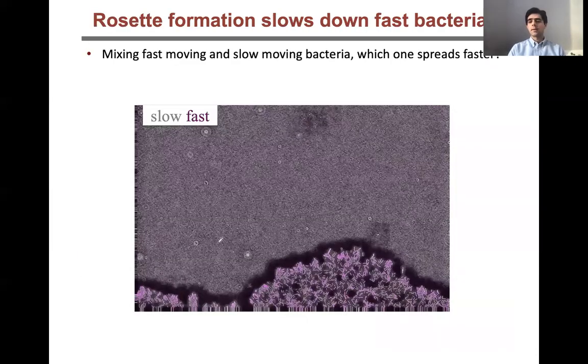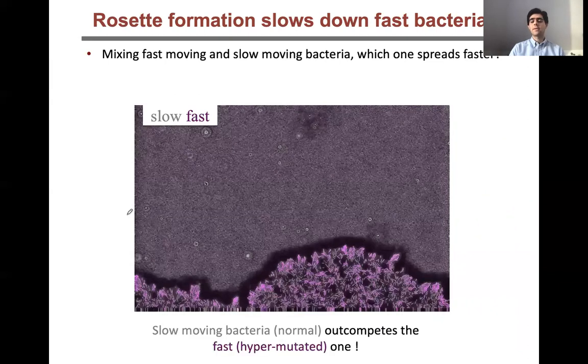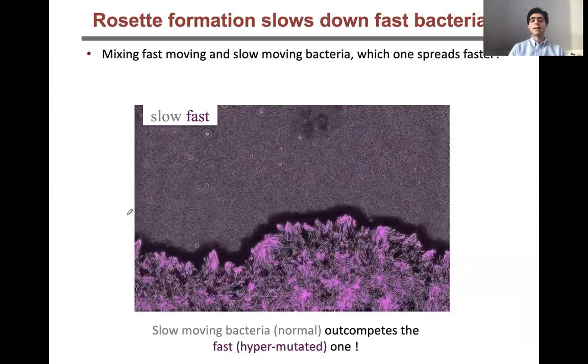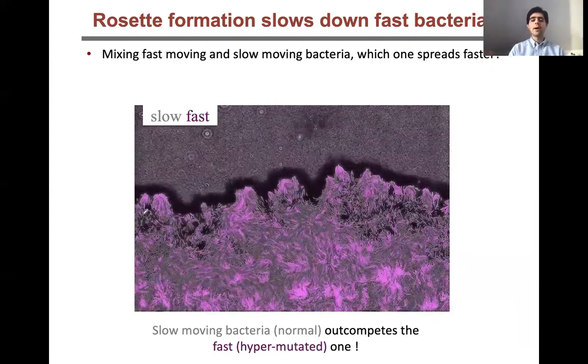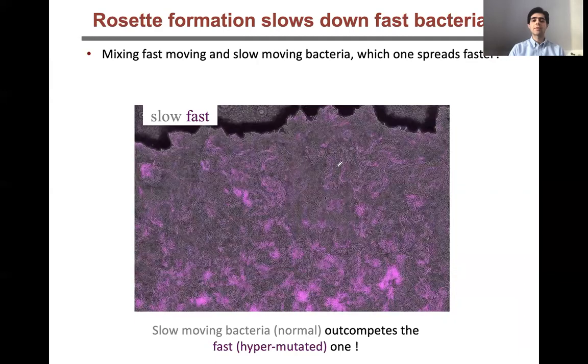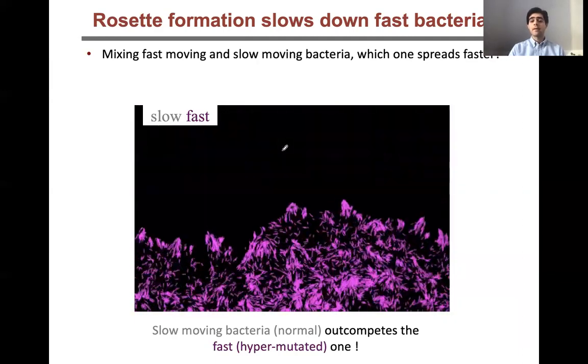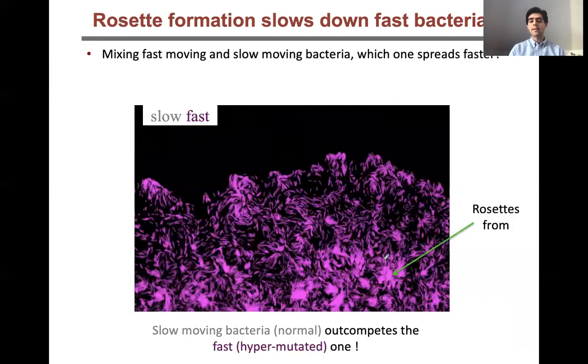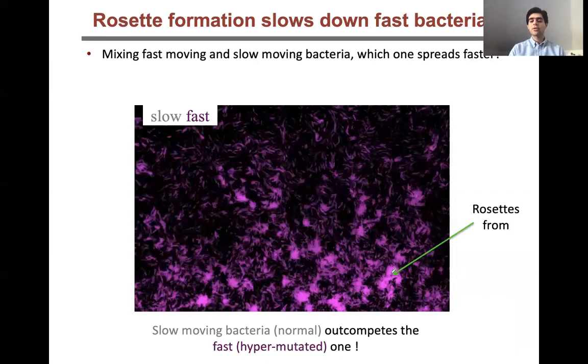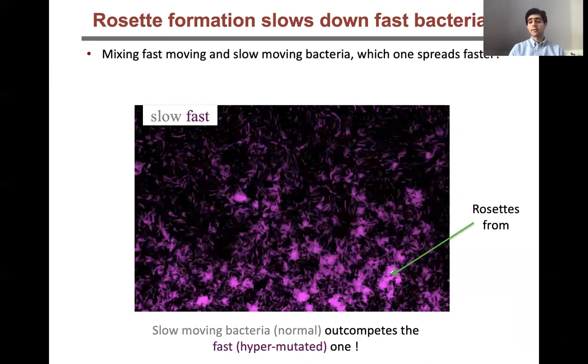And then we have here basically the mixture of the fast moving bacteria, shown in purple, and the slow moving ones, the gray bacteria. And we see the same behavior in a mixture, that as time goes by, the slow moving bacteria actually dominate the front of the invading colony, while the fast moving ones get stuck in some structures that we term rosettes.